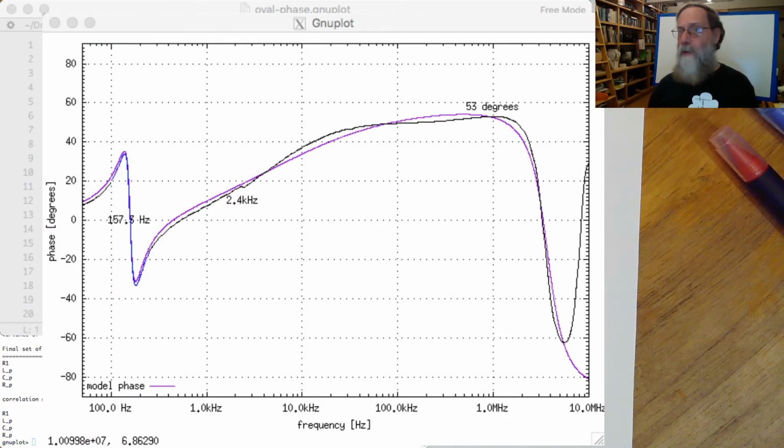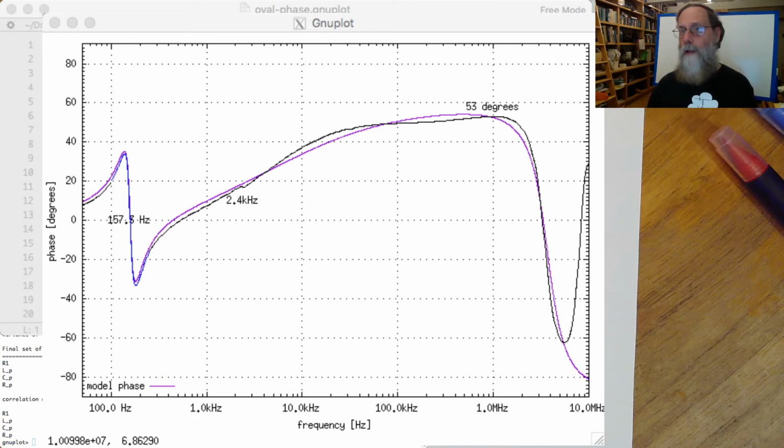Again, it's not a perfect fit, but it's pretty good given the small number of parameters we're using to fit what's really quite a complicated curve. And again, once we get up past about the 4 or 5 megahertz here, the fit just goes terrible because we put no parameters in there to try to match that high frequency change in behavior.